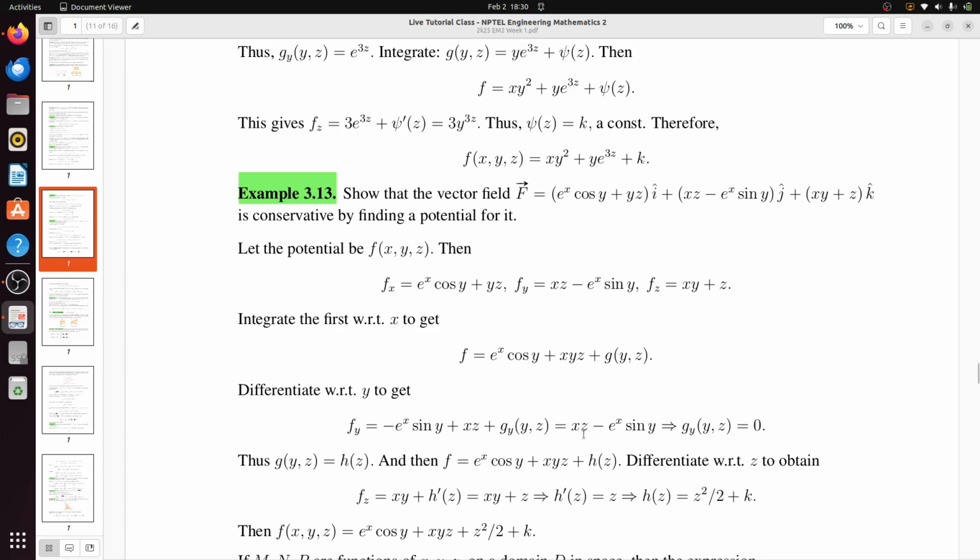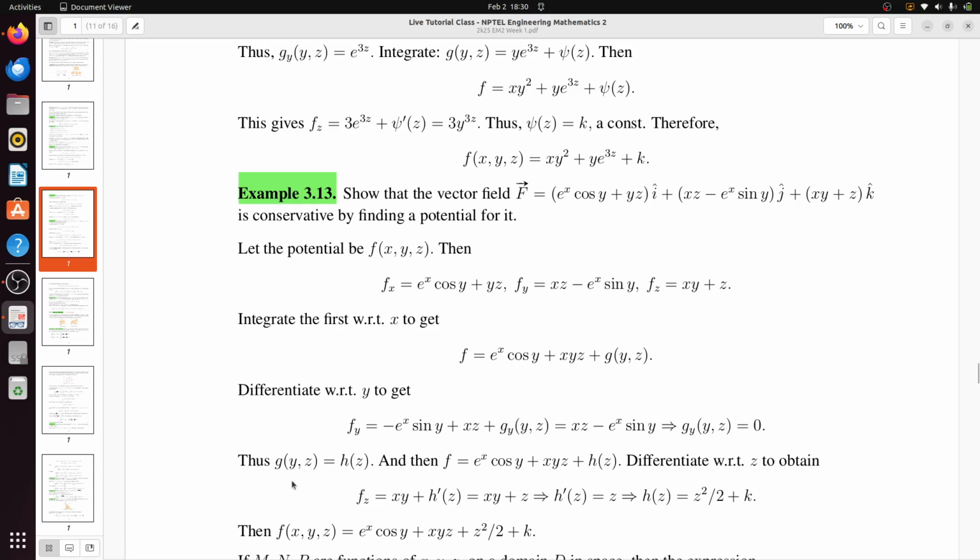So what we got is that del g/del y of (y,z) is actually 0. What does it mean? That means this g(y,z) is independent of y, so it will be just a function of z only.